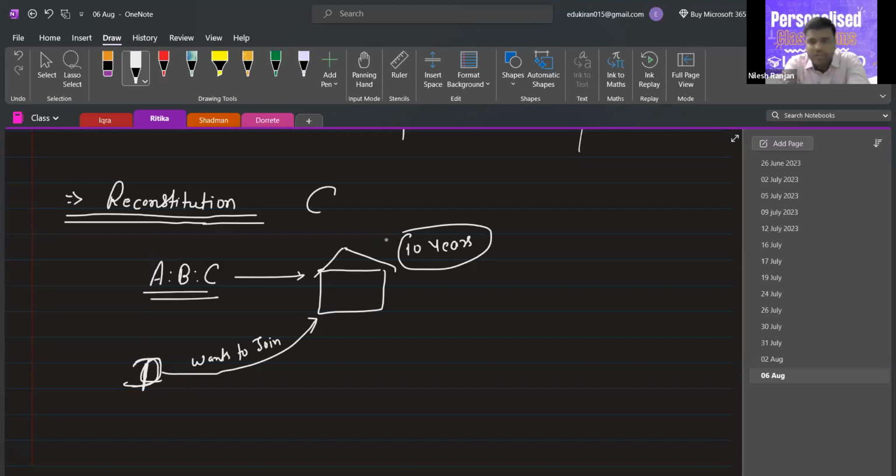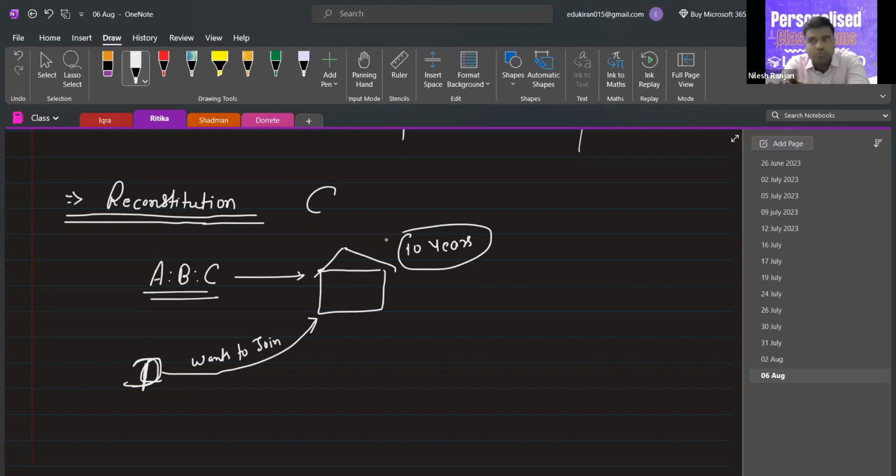For this, we will study the calculation of capital, that how we will calculate the capital that is required to be brought by D. So A, B, and C will decide that. There can be some calculation, or they can say a random amount also. But generally it is not a random amount, because he will not agree on that term.